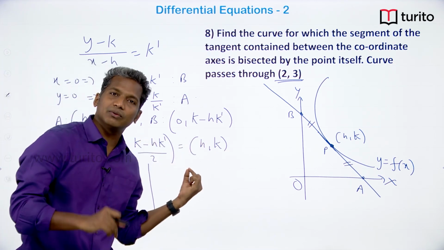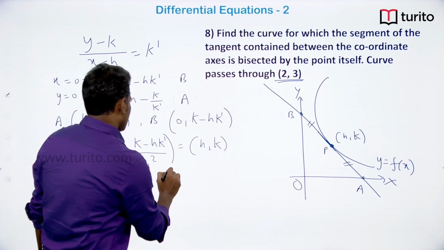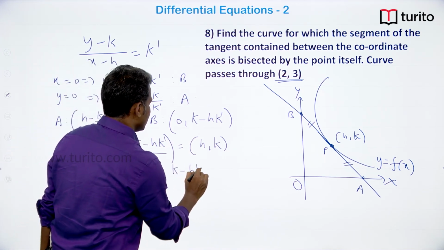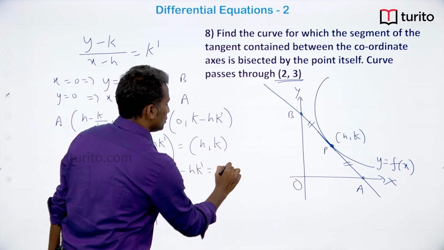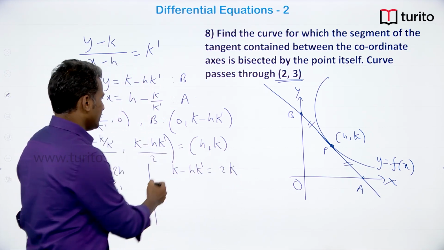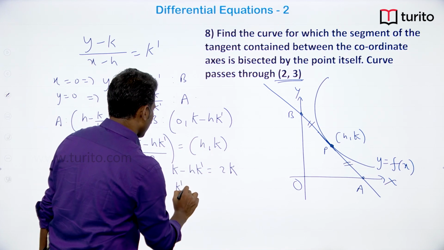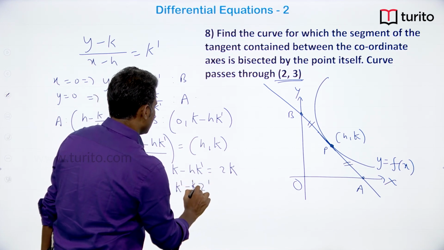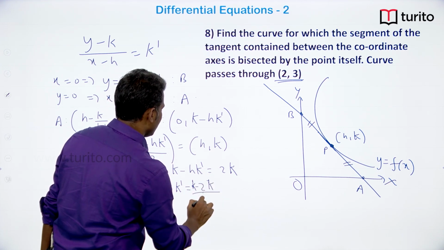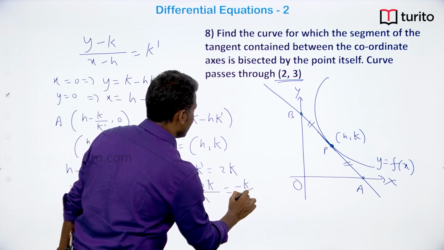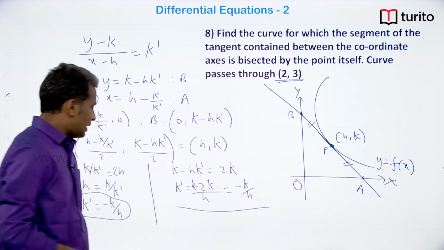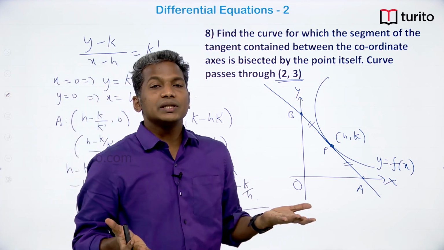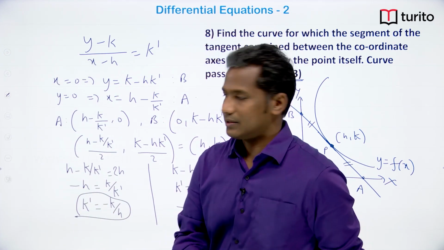Now, let us equate the y coordinates also. So, k minus h k dash must be equal to 2k. Now, again when I solve for k dash, what do I get? K dash equal to (k minus 2k)/h, which is the same as minus k/h. So, accidentally both equations came out to be the same equation.